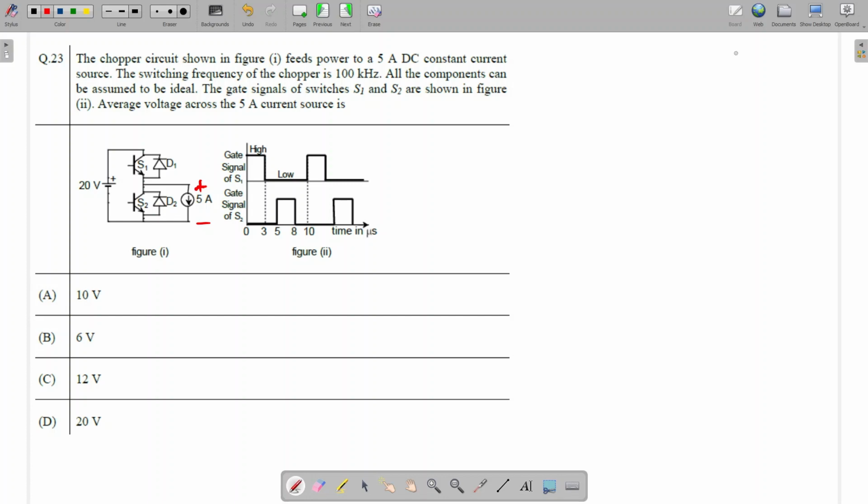How many of you are getting 6? Why not 12? Anyone getting 12 also?